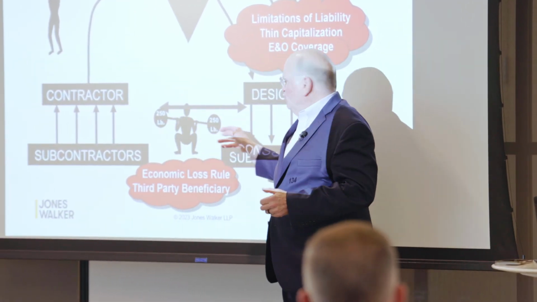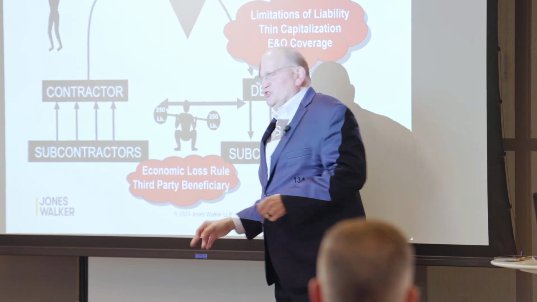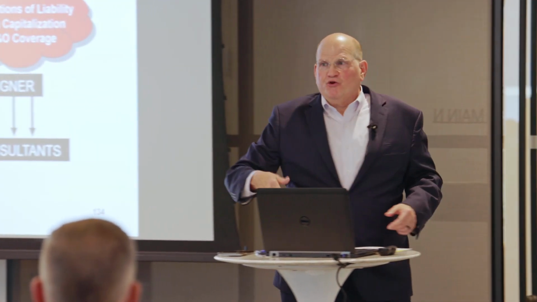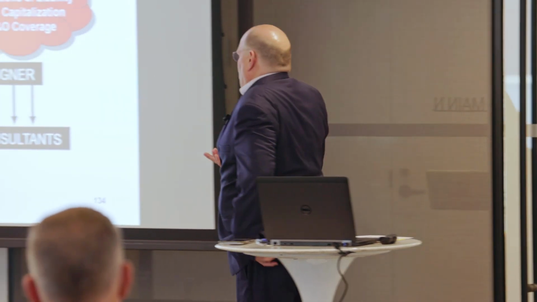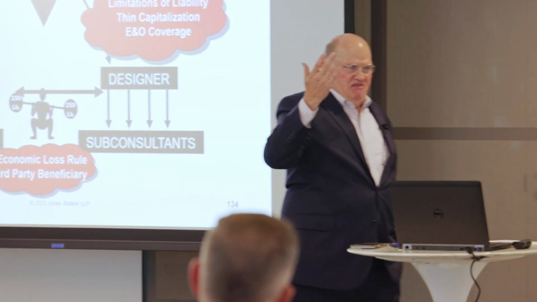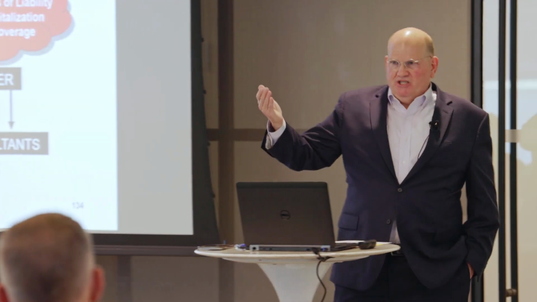Why you generally don't see this is two main reasons. For a professional, a third party can assert a tort claim for negligence against them, but a lot of jurisdictions have the economic loss rule that says if it's not personal injury or property damage, you cannot make a claim against someone with whom you don't have a contract.